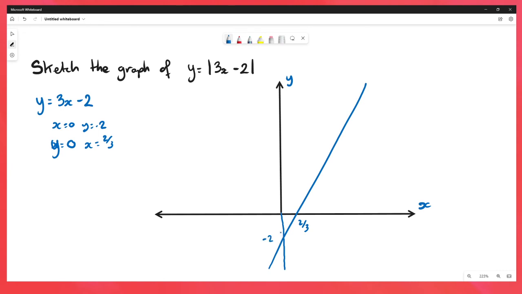Now let's think about what the modulus does. The modulus takes our answer and then makes it positive. So for here, for x is 1, our answer to 3x minus 2 is a positive number. So it's not going to worry about anything there.